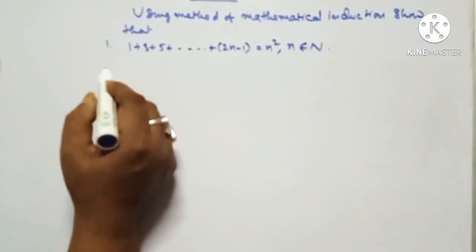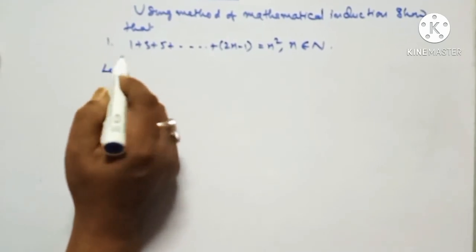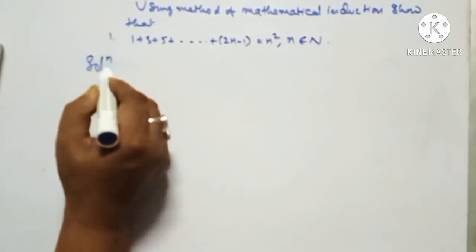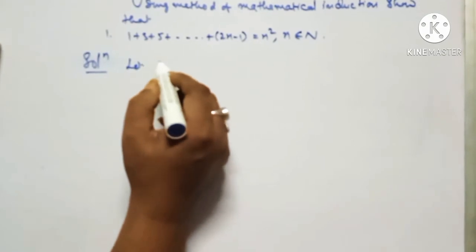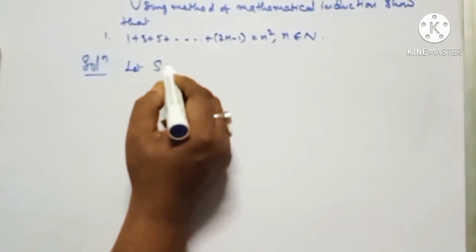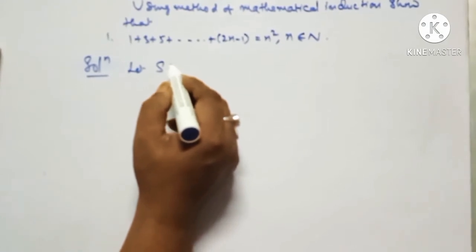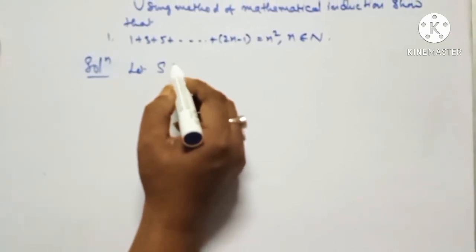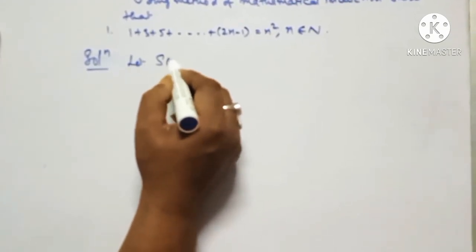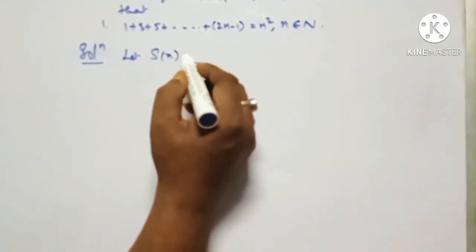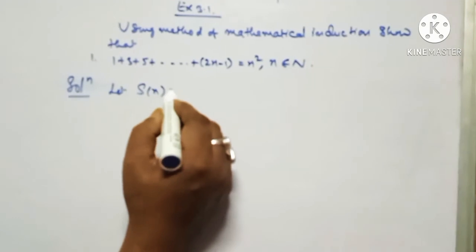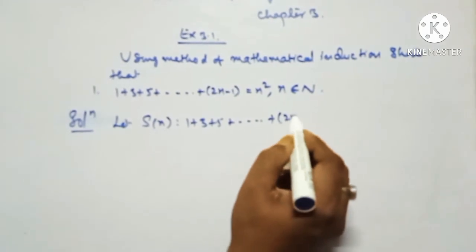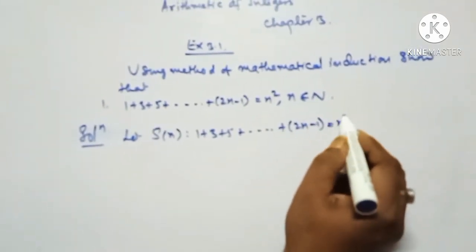Solution. Let Sn be such that 1 plus 3 plus 5 plus dot dot dot plus 2n minus 1 equals n square.